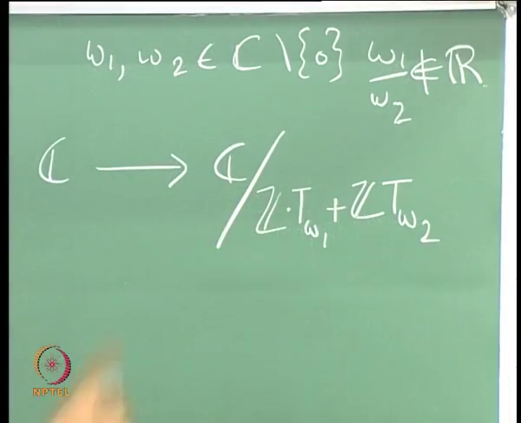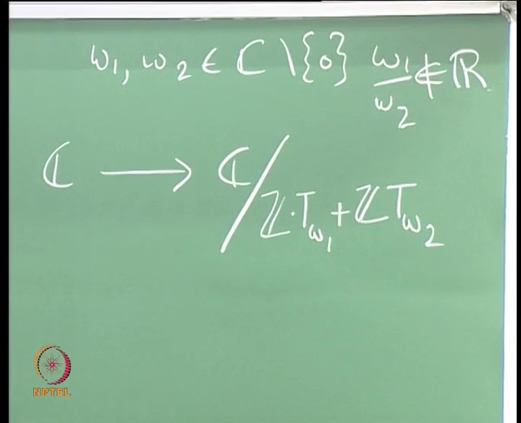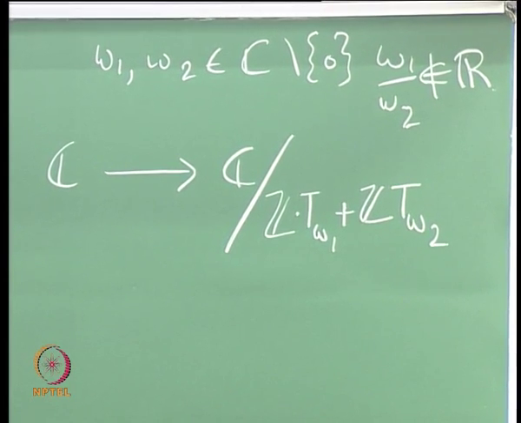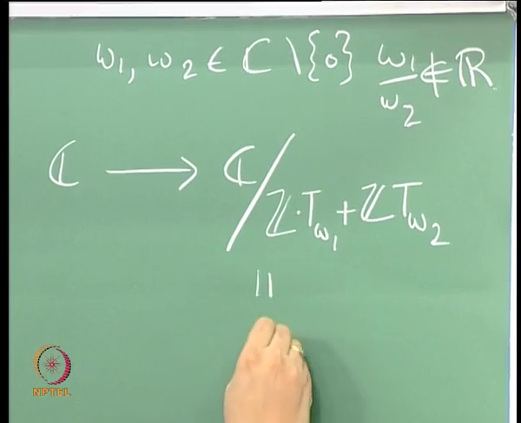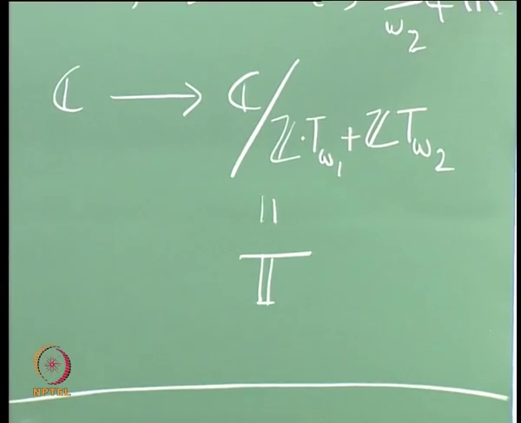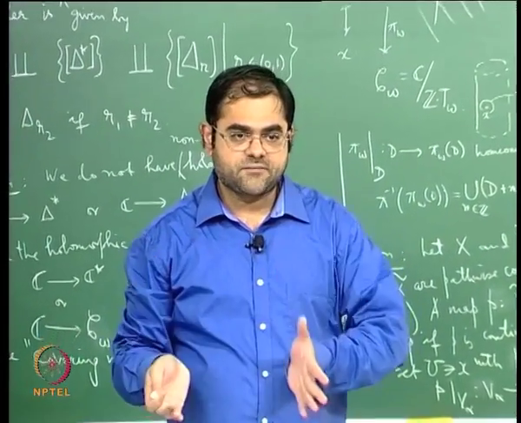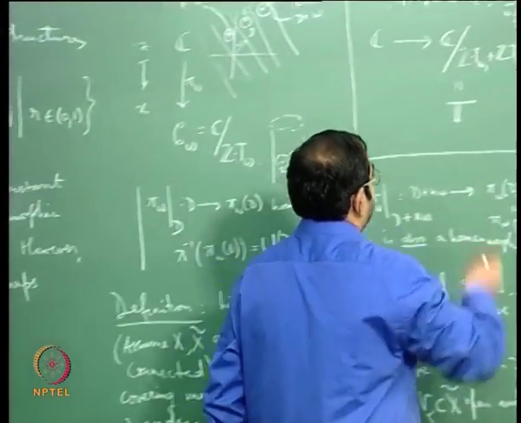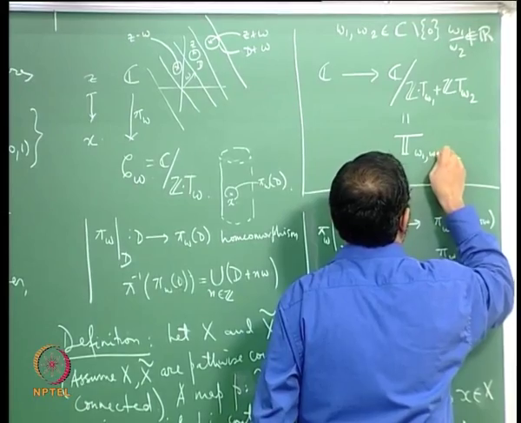Okay, so this group is isomorphic to Z cross Z. And the quotient is a torus, and it gave you a Riemann surface structure on the torus, and let us call that Riemann surface structure omega 1 comma omega 2.